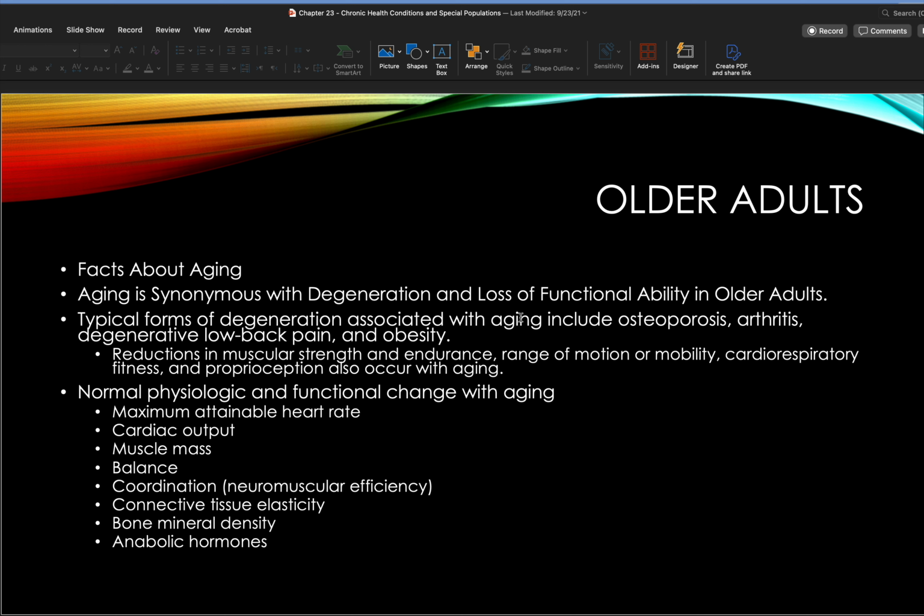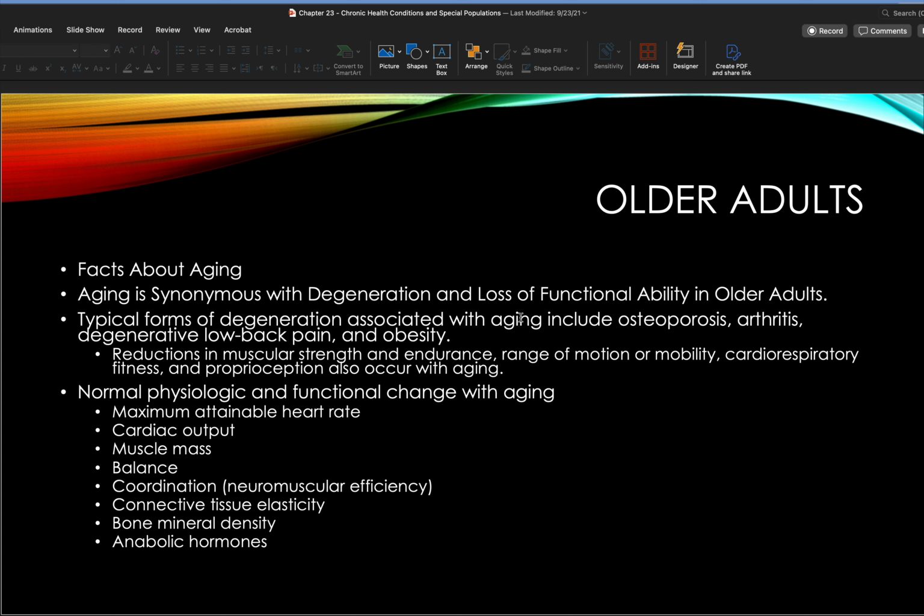You hit that peak and then you kind of come down. So older adults, you're getting into that coming down part of everything, and that really becomes challenging, because now you're working with individuals who are losing function, and you want to try to help them keep their function. So you're kind of fighting a losing battle, but you can still help them as greatly as possible.